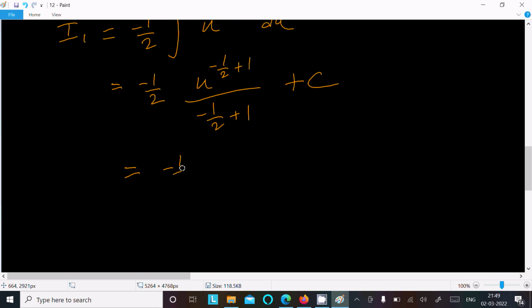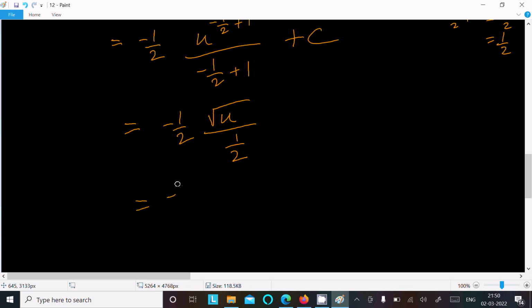Minus 1 by 2 plus 1 is 1 by 2. So this we can write as u power 1 by 2, that is equal to root u.